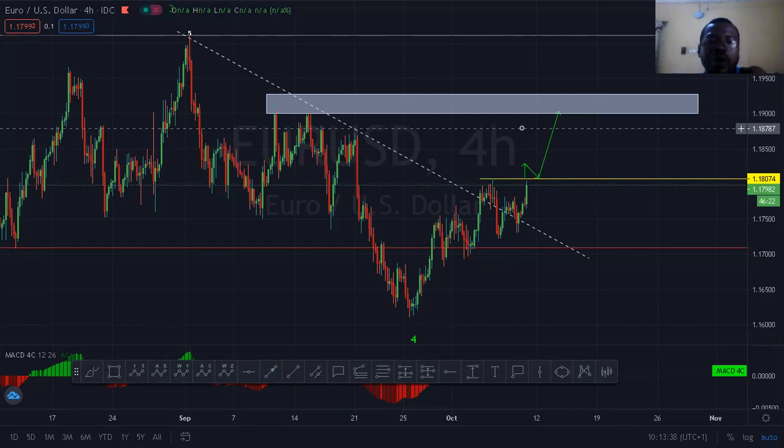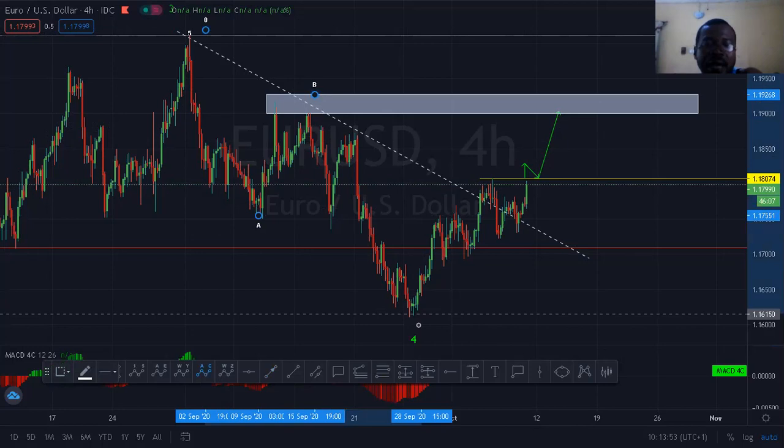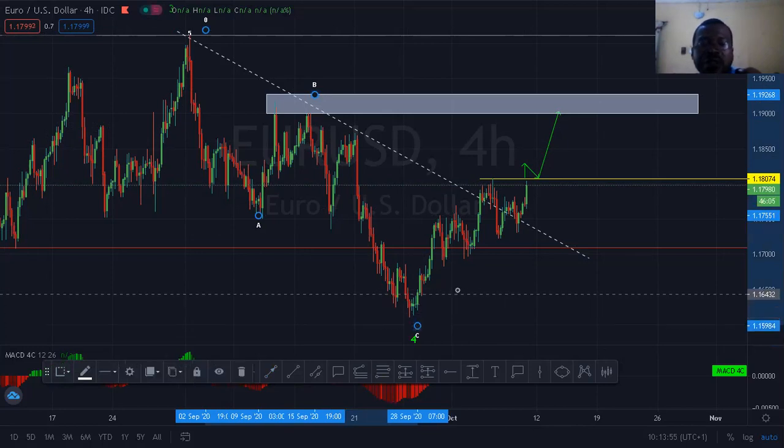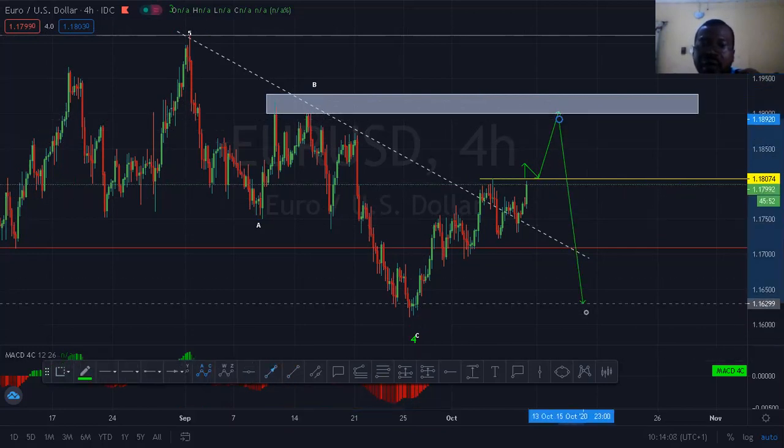But to confirm that wave 4 has ended, we need to take away wave B, because this is wave A, B, and C. And this wave C might not have ended until the price closes above this blue line. If it doesn't, we might have a rejection. Price may still come here and begin to come down.